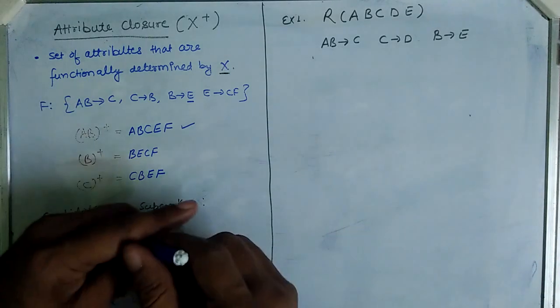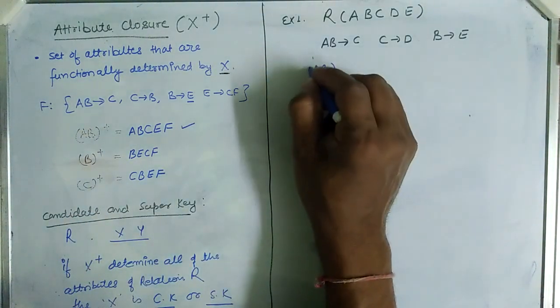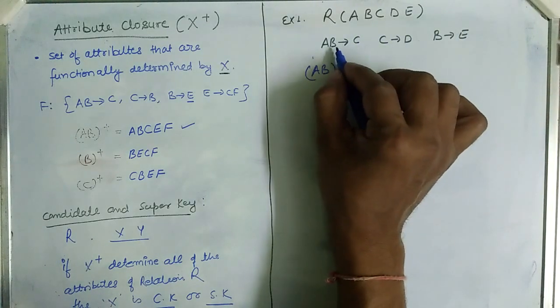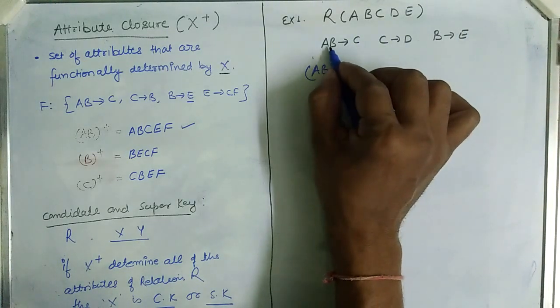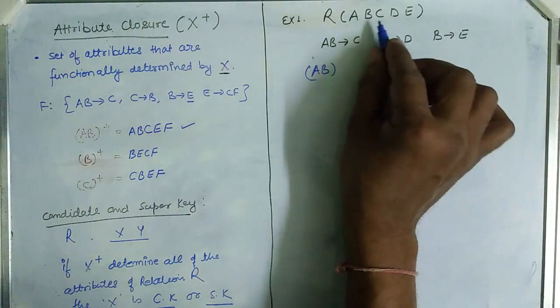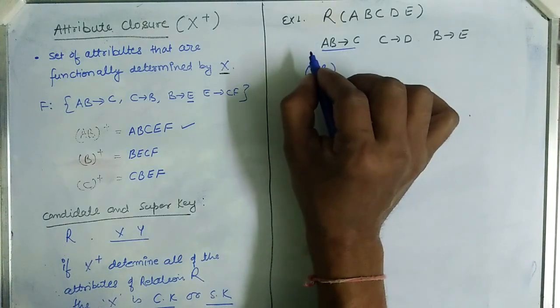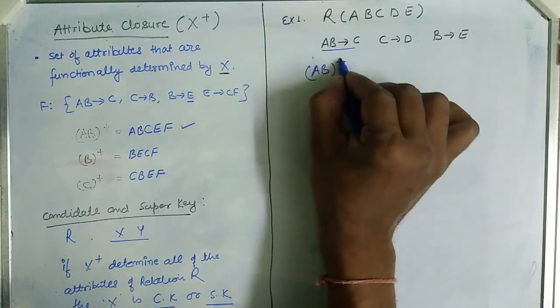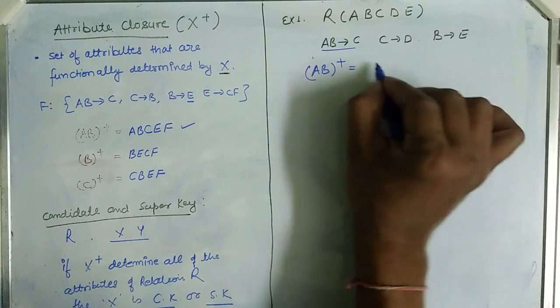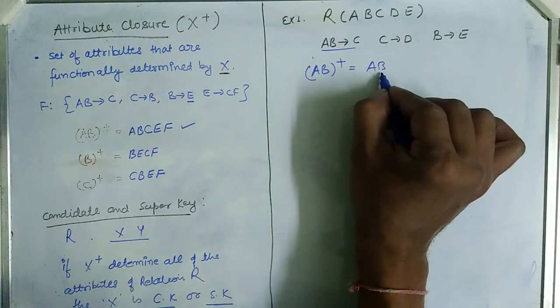Now, to find the AB closure, we need to check whether any attribute set can determine all the attributes. So we start from the given functional dependencies. AB closure is AB, because both attributes determine themselves.